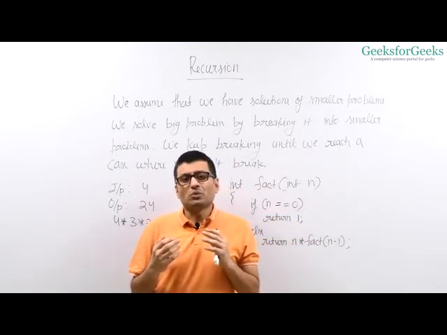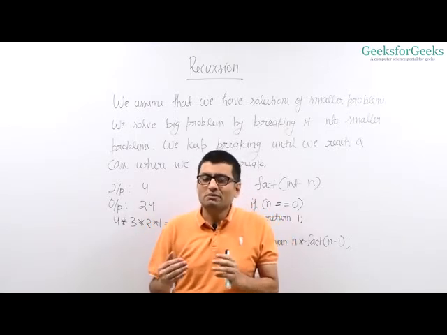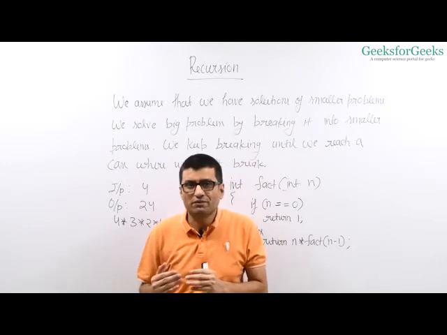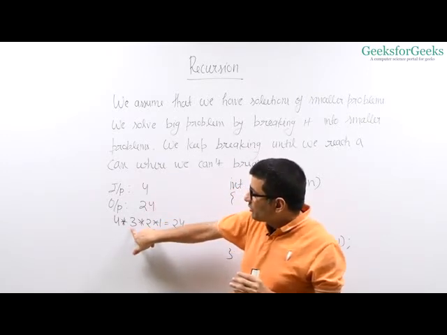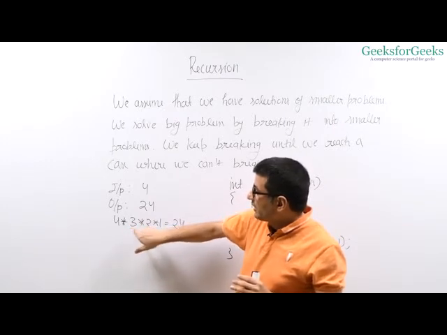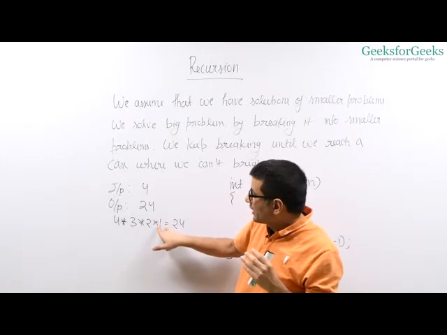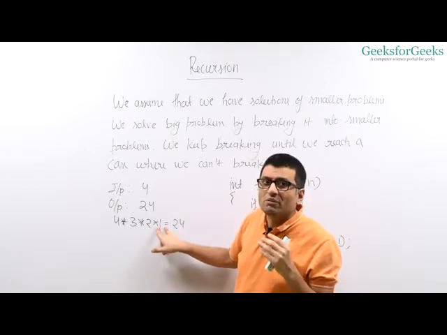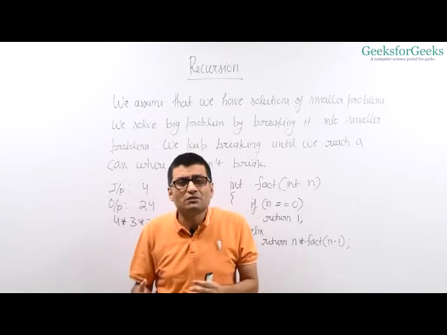So what we do is we keep breaking into smaller problems, but there comes a case where you cannot break it further. For example, for 4 when I called, I use the solution for 3. When at 3 I called, I use the solution for factorial of 2. Then I use the solution of 1. When I come to 1, I call the solution for 0.